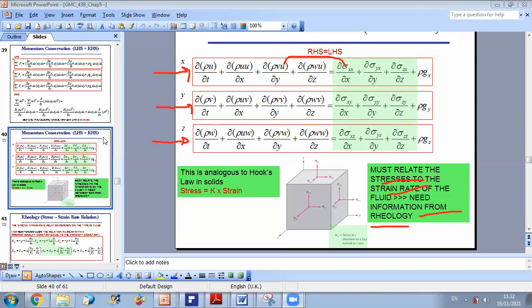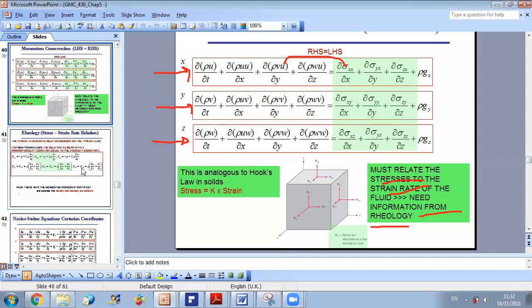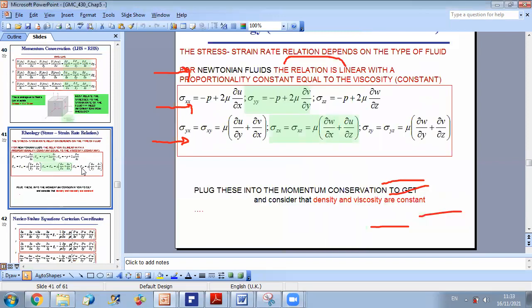So in particular, if I have mu constant, I can write a relation between the stresses, the shear stresses, and the rate of deformation of the fluid. Okay, so here I can relate the stress strain rate depending on the type of fluid. In particular, for Newtonian fluids, the relation is linear with a proportionality constant, which is the viscosity. Okay, in this course, we'll just consider the case of Newtonian fluids.